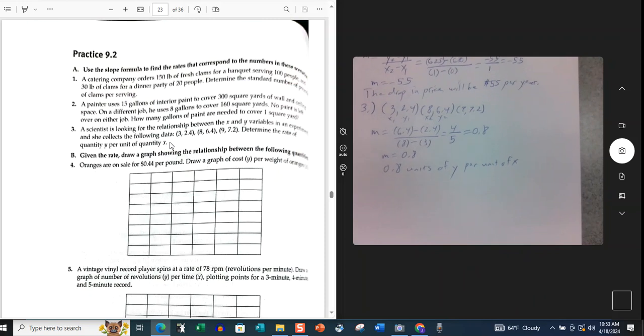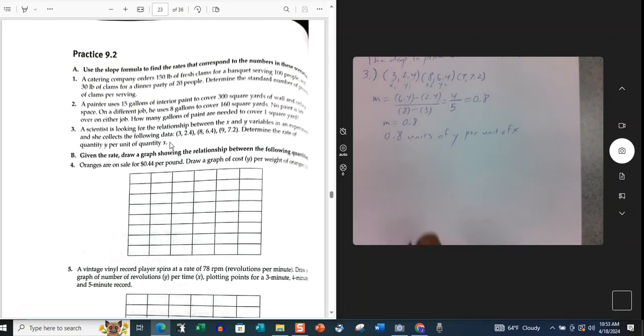And I'm going to show you when we get down here to 1 and 2 how number 3 helps. Now with number 1, it says a catering company orders 150 pounds of fresh clams for a banquet serving 100 people, and 30 pounds of clams for a dinner party of 20 people.